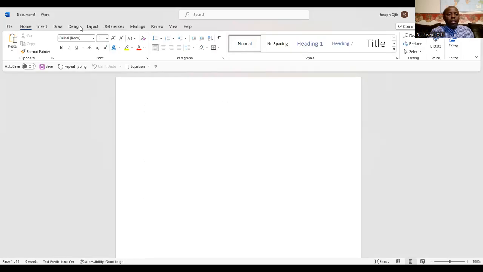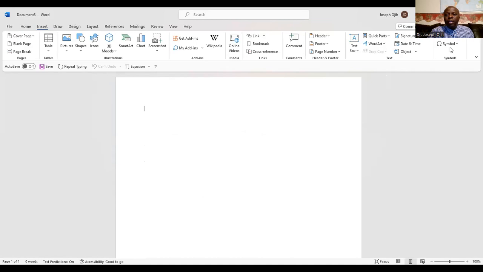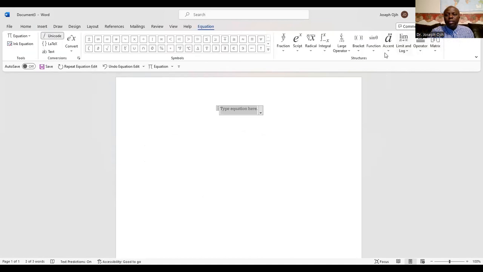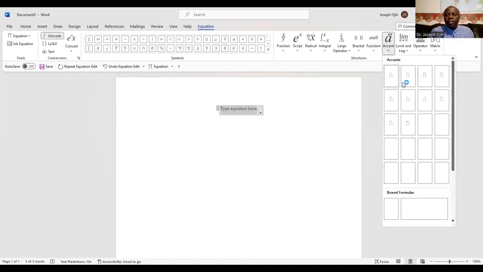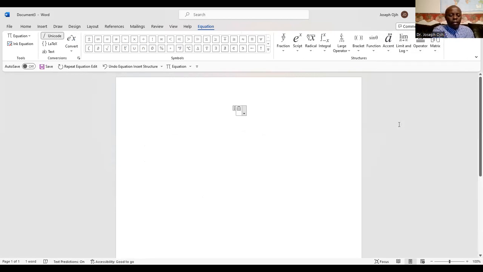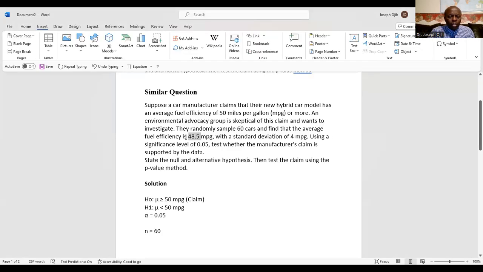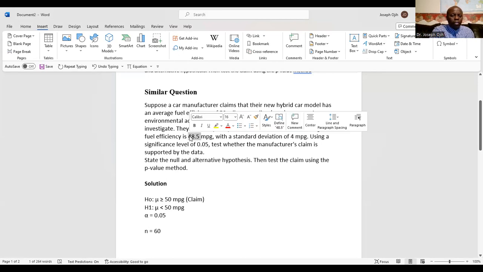So the sample mean, which is X bar, I'm going to get the X bar right here. So that X bar equals, I think they say that it is 48.5.